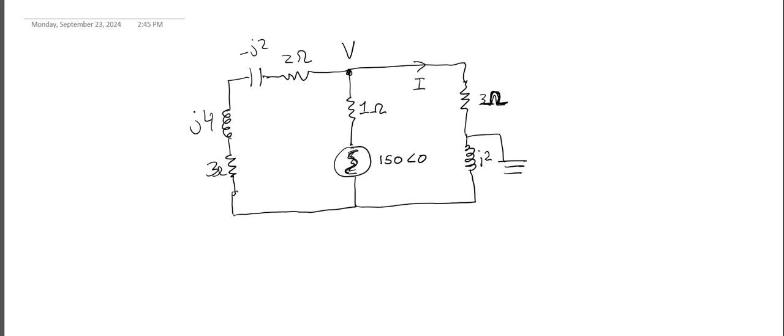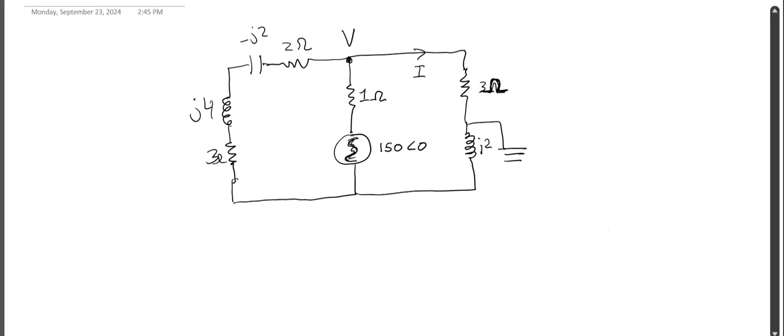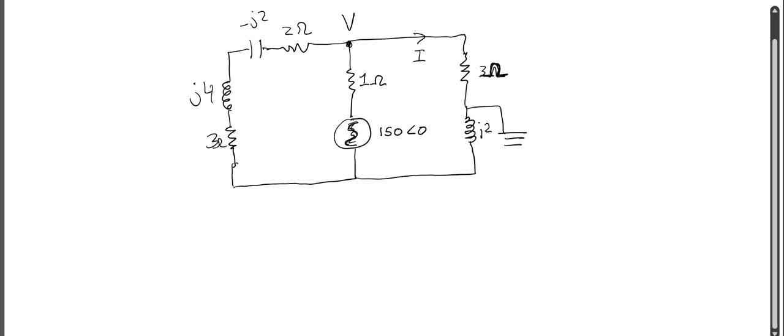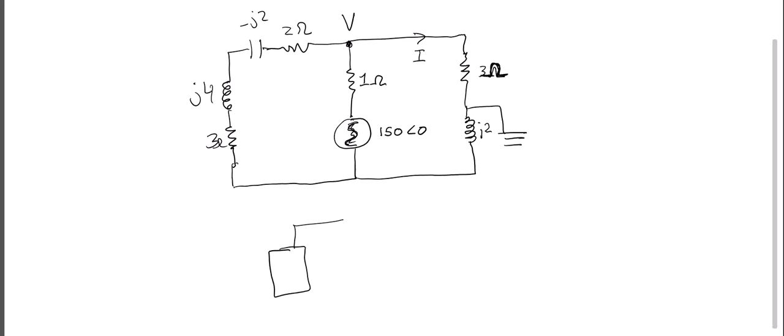So the first thing to notice is that we can combine all of these impedances into one impedance because they're all in series, so we can add them together. So on this side, we can make that 5 plus J2.